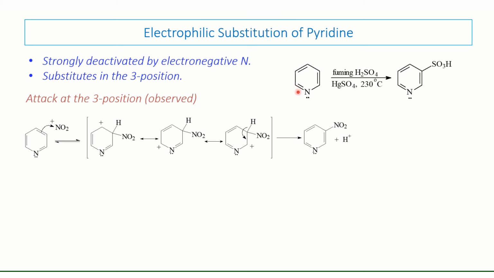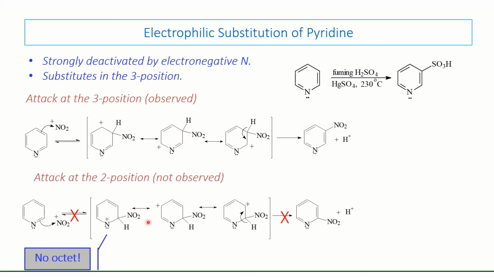So if we look at the electrophilic substitution, again, it's our old adage where we attack the ring and look at the resonance structures that are generated, and we find that the 3 position is the one observed. Why? Because if you look at the attack on the 2 position, then you can see that we can't generate resonance structures that are suitable in comparison to the one at the 3 position.